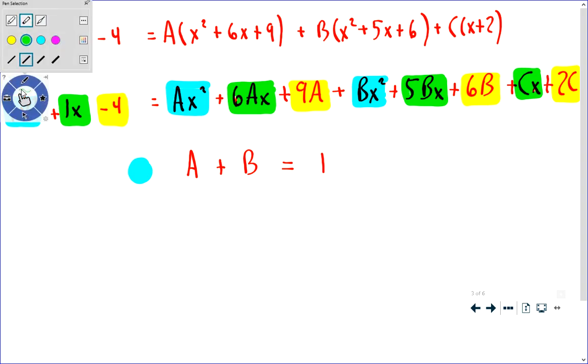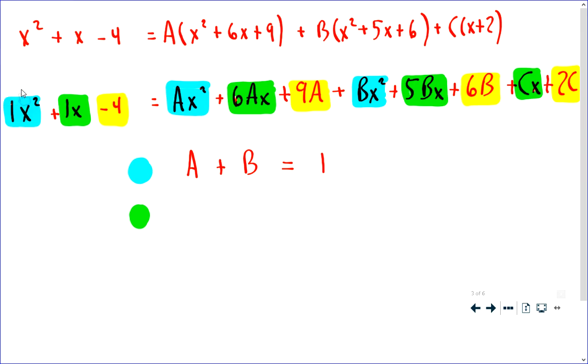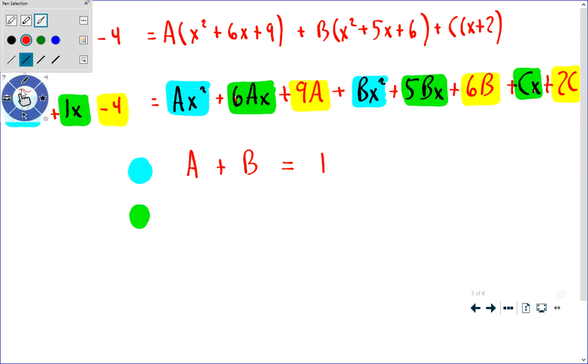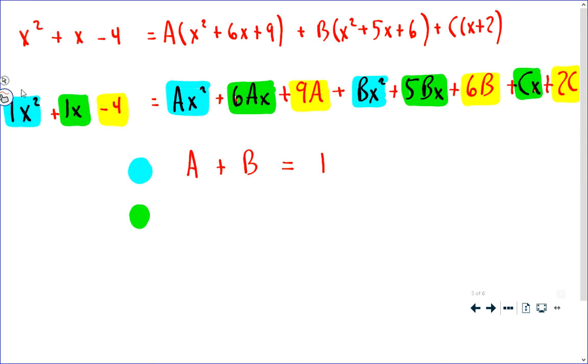If I do the same kind of thing with the linear terms, the linear terms have coefficients of 6a and 5b and c on the right-hand side.